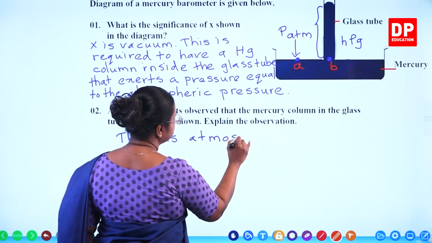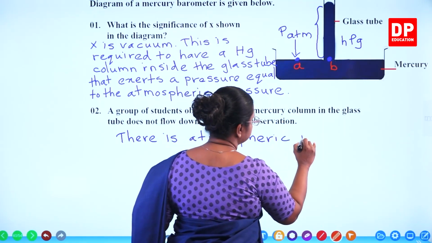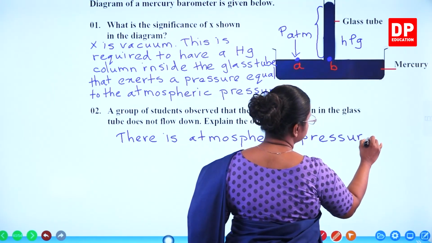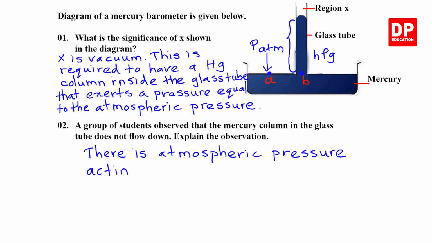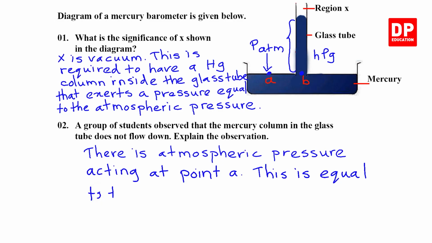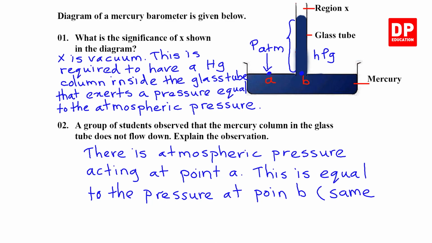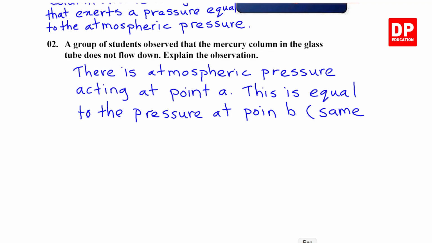atmospheric pressure acting at point A. This is equal to the pressure at point B because it's the same level.